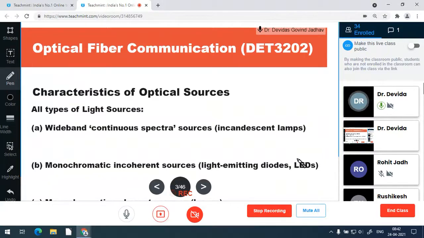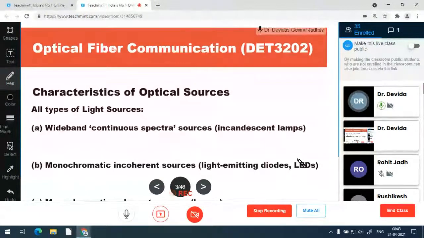Because these semiconductor junctions emit only one wavelength. Practically, they are not emitting one wavelength, they are emitting one central wavelength, and along with that some small amplitude neighboring wavelengths. But this spectrum of neighboring wavelengths is very, very small. It has a very small bandwidth, or in optics it is called line width.